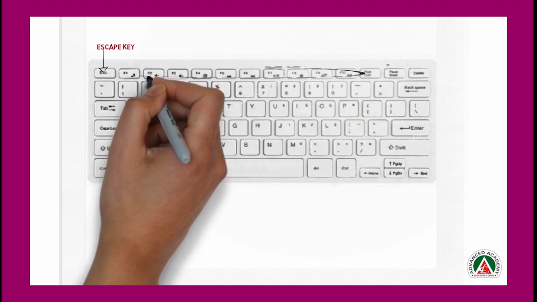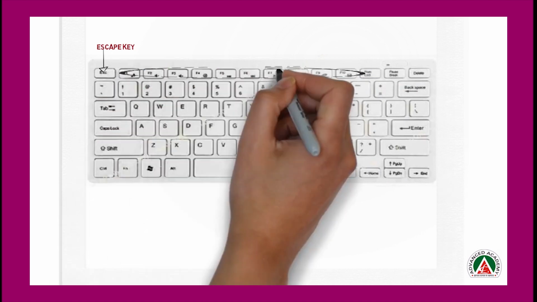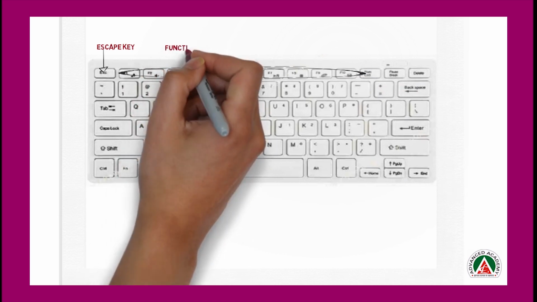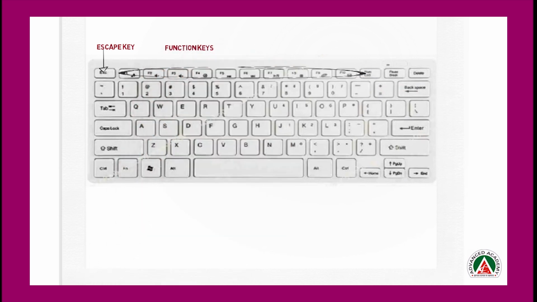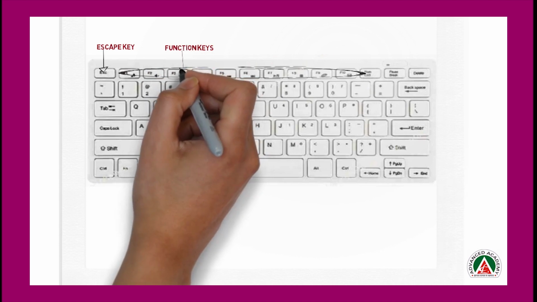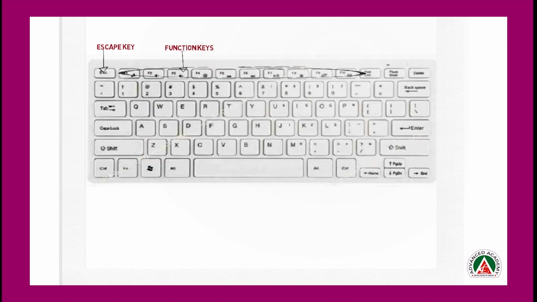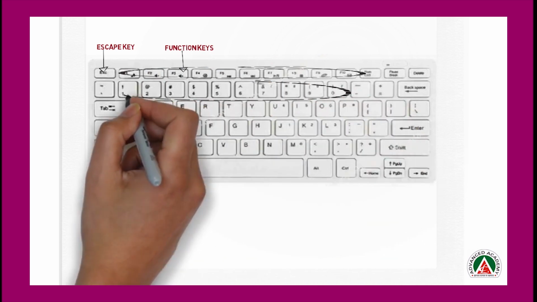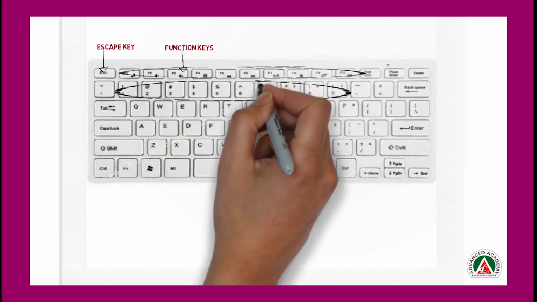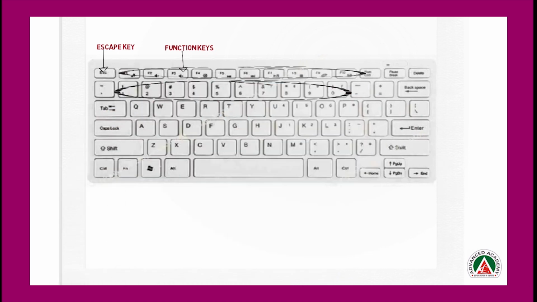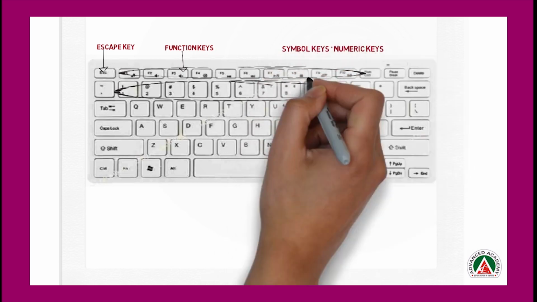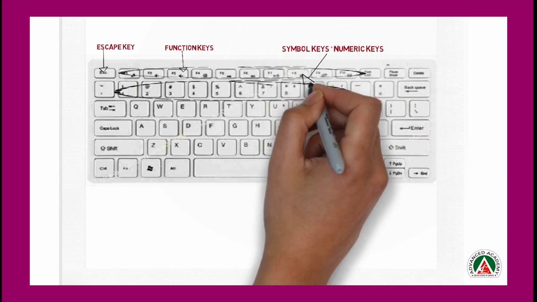Just near to the escape key are the function keys from F1 to F12, which are used to perform some specific functions. Below the function keys are the numeric keys having special symbols above it. So these are symbol keys or numeric keys.